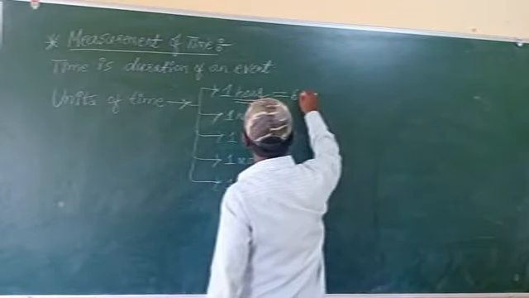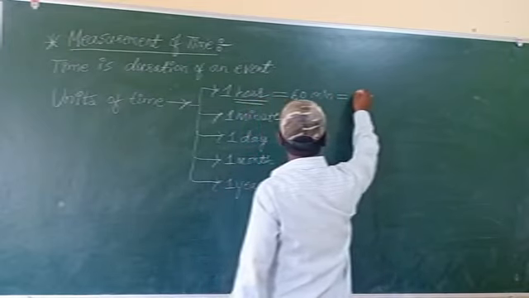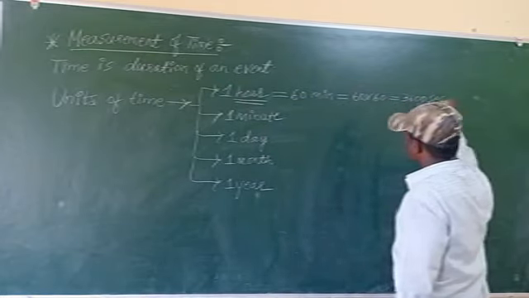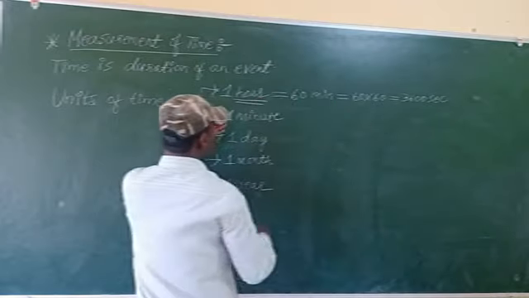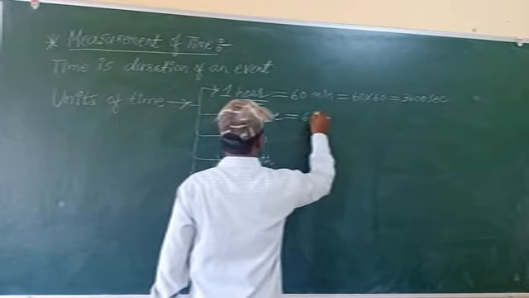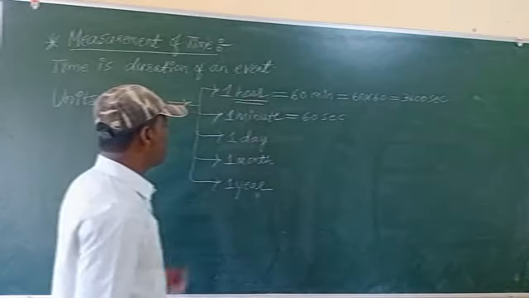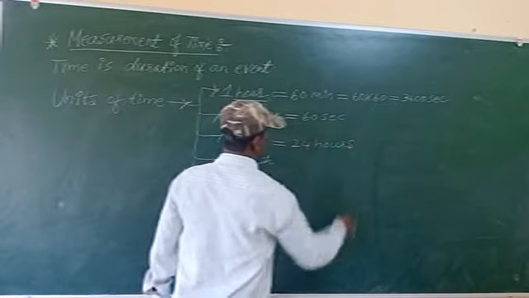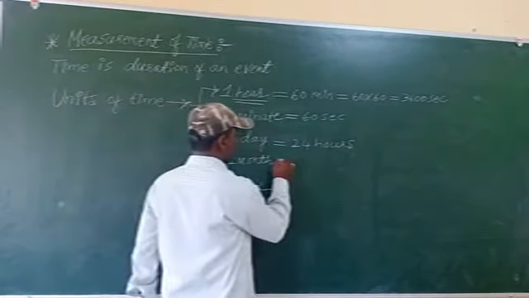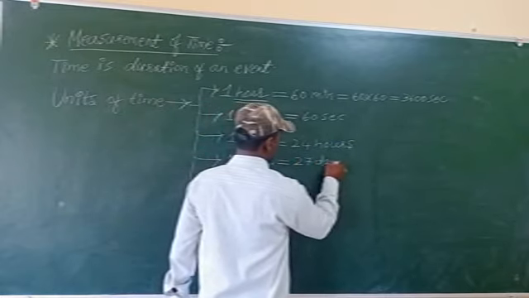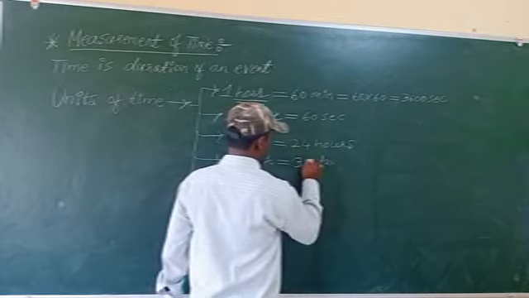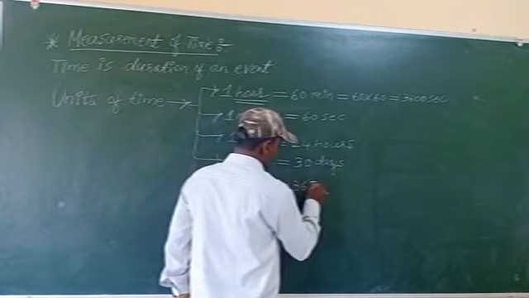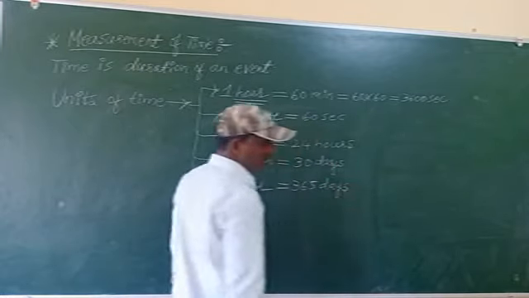Here 1 hour is equal to 60 minutes, and 60 minutes is 60 into 60, equal to 3600 seconds. 1 minute is equal to 60 seconds. 1 day is equal to 24 hours. 1 month is approximately 30 days. 1 year is equal to 365 days.